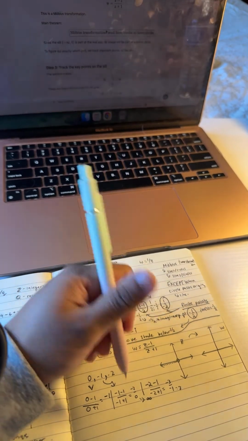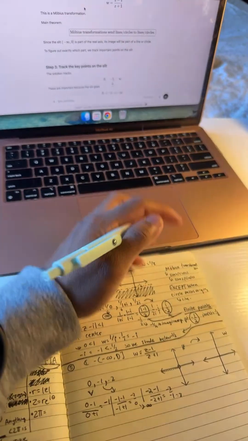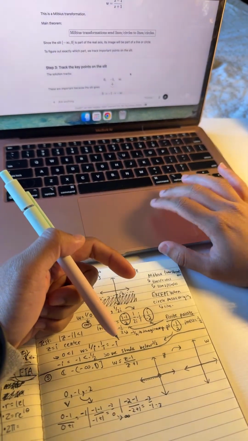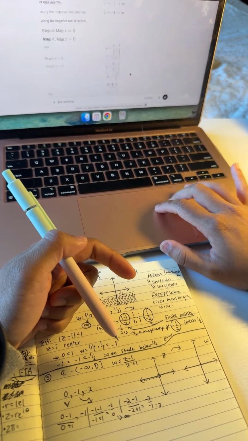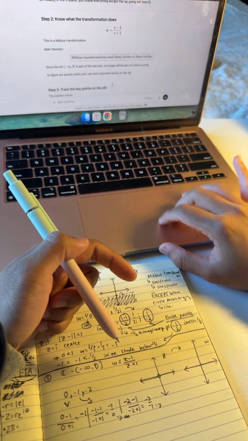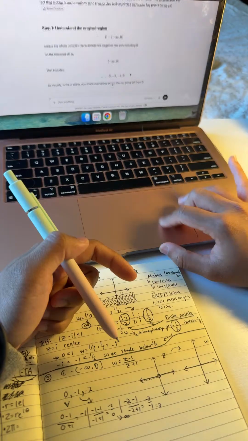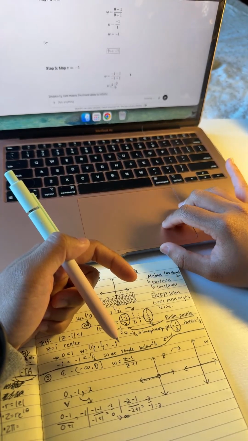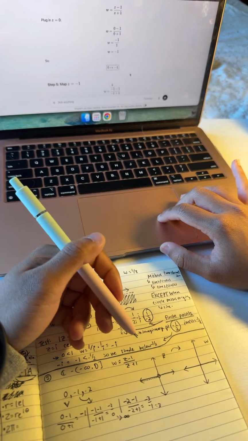And then we see the pattern just keeps going like that. So negative 3, where did I get that from? So we have 0 going to negative 1.